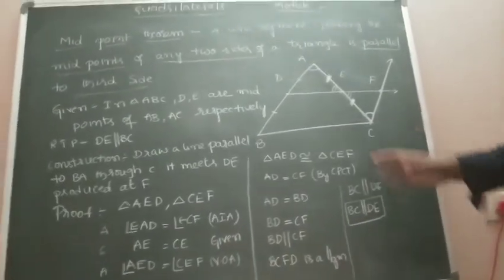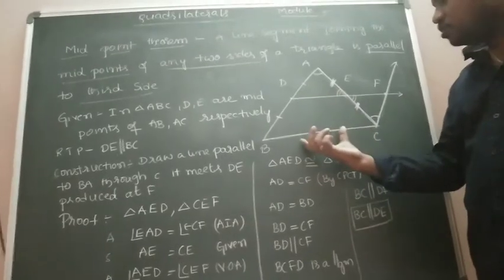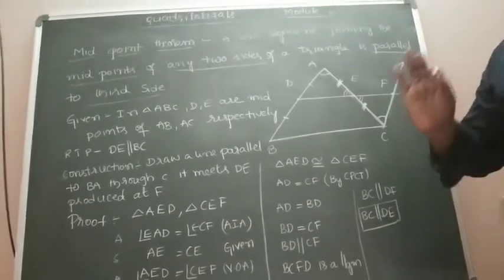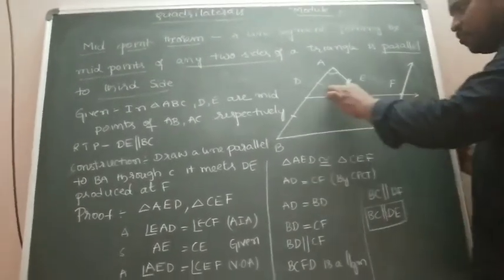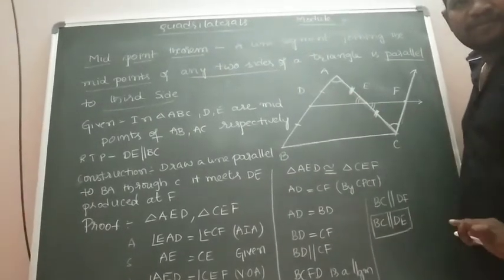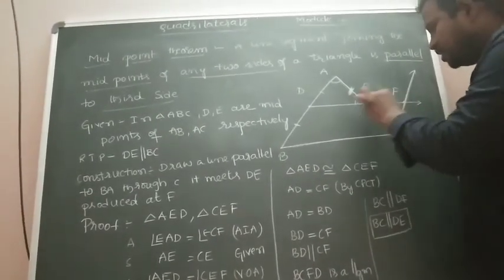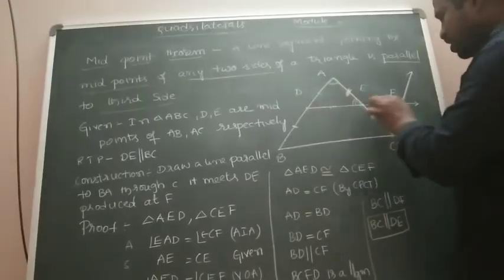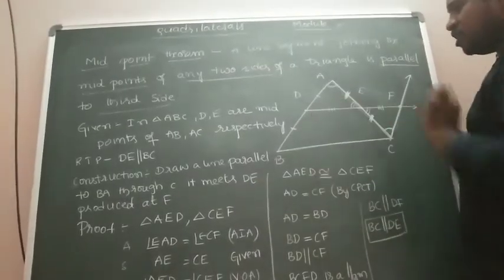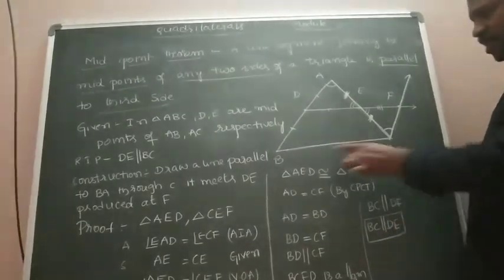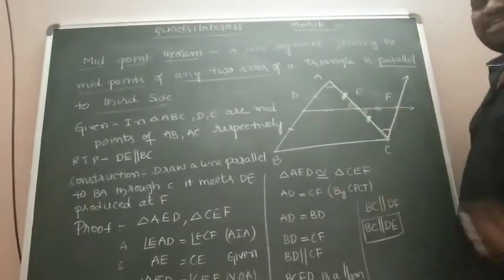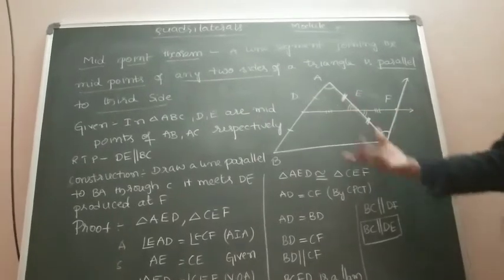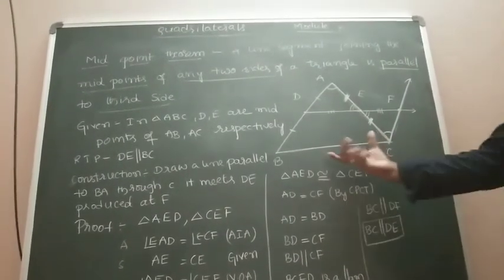And we can prove that this DE is equal to half of the BC also, Nana. How? Now only we proved these two triangles are congruent, na? Then this part and this part are equal. Means DF is equal to 2 times DE. DF means what? BC only, opposite sides of a parallelogram.